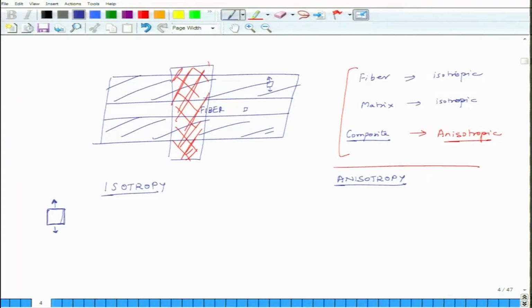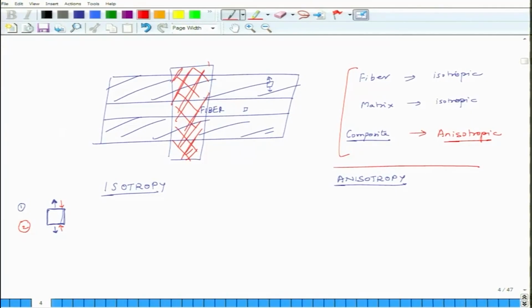So, I can either pull it or I can compress it. So, case 1 is I am pulling it, case 2 is I am compressing it. So, 1 corresponds to tension and 2 corresponds to compression. So, when I am pulling it, what will happen to this piece of steel?